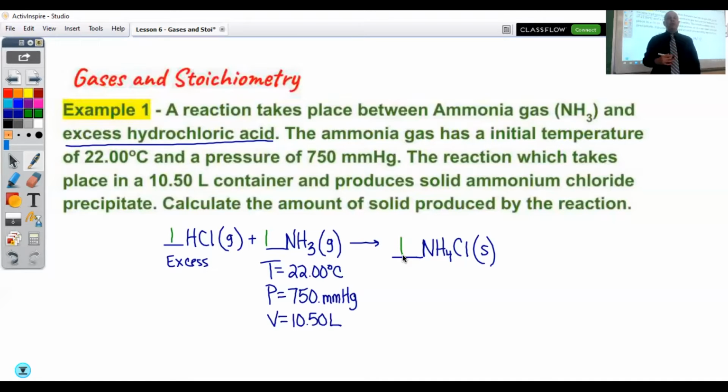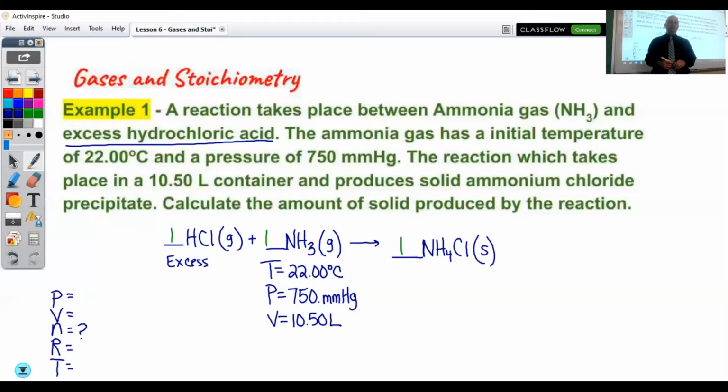In our case, we're going to solve for the number of moles. Now, keep in mind, we cannot use temperature and pressure in their current units. So we're going to have to convert them into Kelvin for temperature and into atm for pressure.